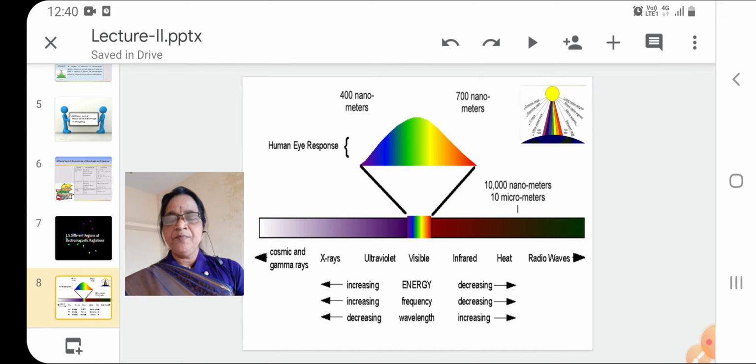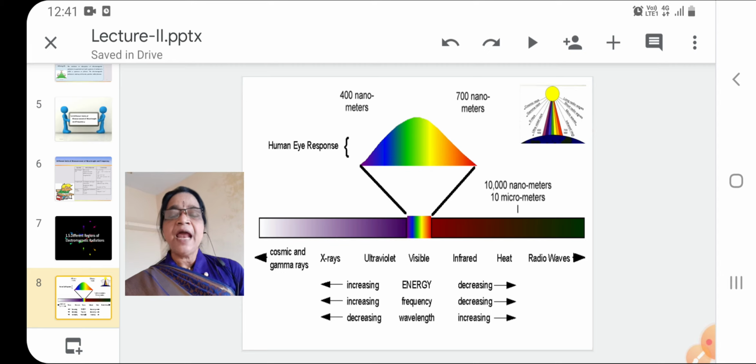In spectroscopic methods, UV, visible, IR, microwaves and radio waves are used. If we use the term light waves, then it implies the visible region. If we use the term radiation, it implies the region from cosmic rays to radio waves.